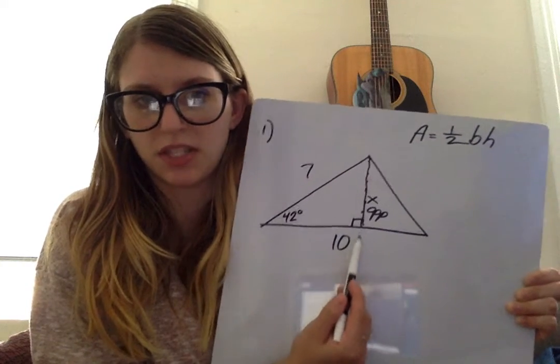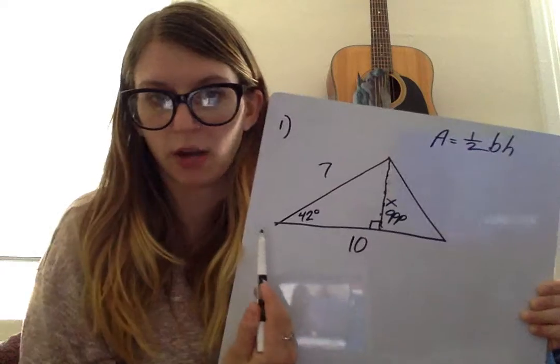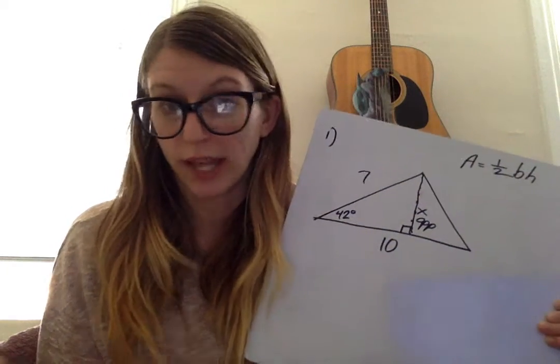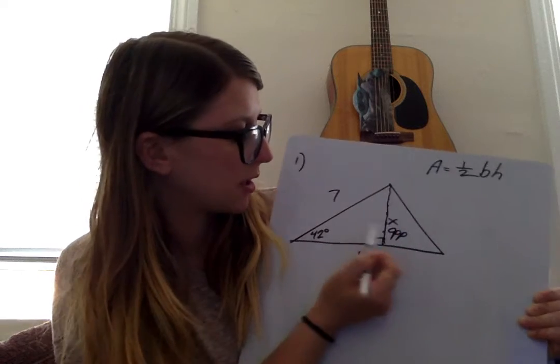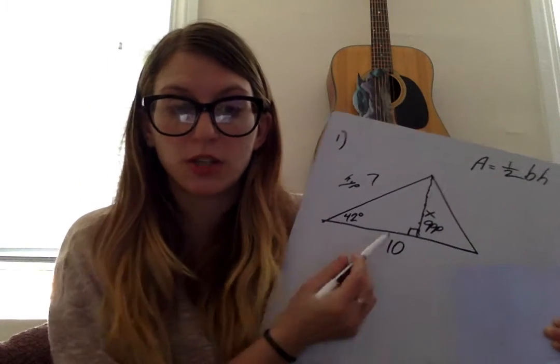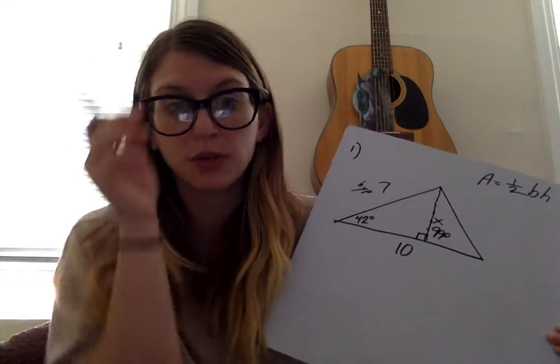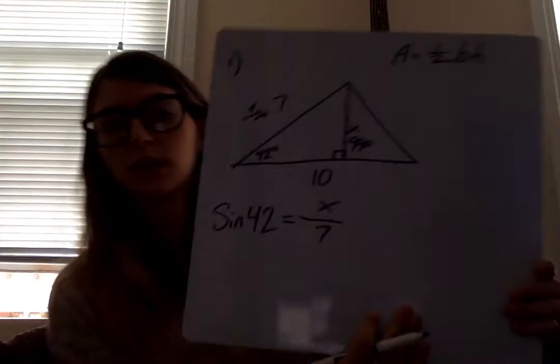So this length from my little 90-degree mark out, I don't know what that length is. So the only length that I'm sure of is this 7 here, and it is my hypotenuse. So if I have opposite and hypotenuse, the way that I'm going to find it is by using sine. So sine of 42 equals opposite over hypotenuse.